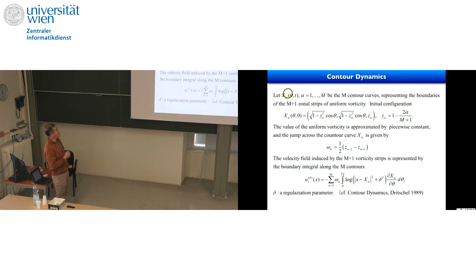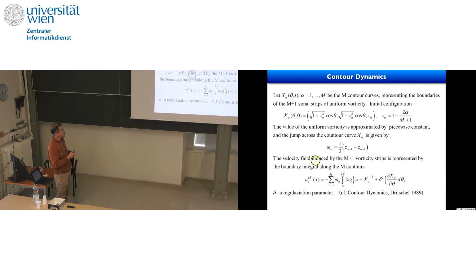Here is the equation. Let X_alpha, from alpha = 1 to m, be the m contour curves representing the boundaries of the m+1 zonal strips of uniform vorticity. Their initial configurations are given here. The value of the uniform vorticity on each band is approximated by a piecewise constant, and the jump across the contour curve X_alpha is given by this. This is the model vorticity distribution.